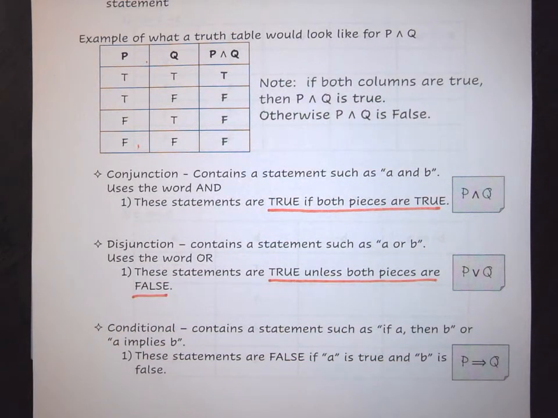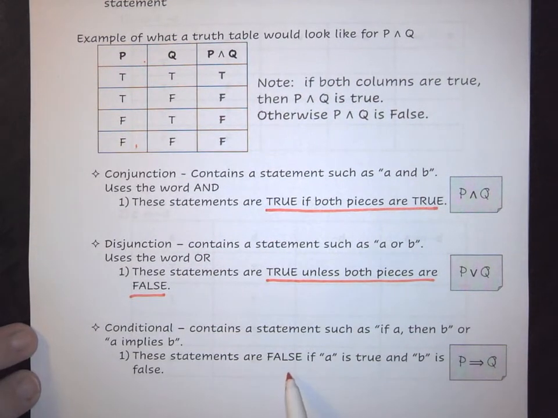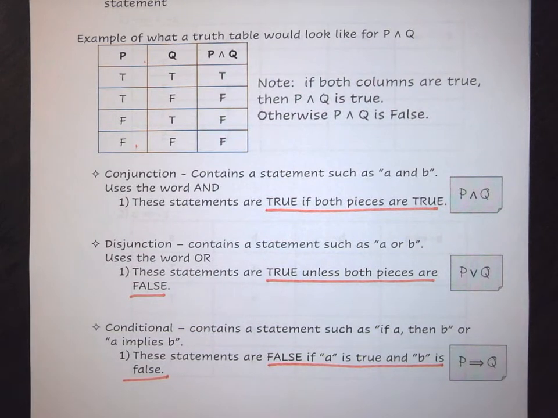So in other words, when we're talking about an or statement, it only needs one of the statements to be true. For a conditional, these statements are false if the first statement is true and the second statement is false. And so what that means is that you cannot, for a conditional, start out with a true statement and end in a false statement. Okay?